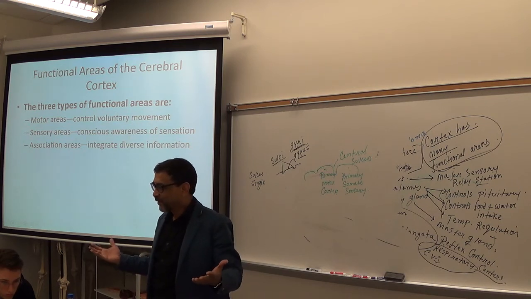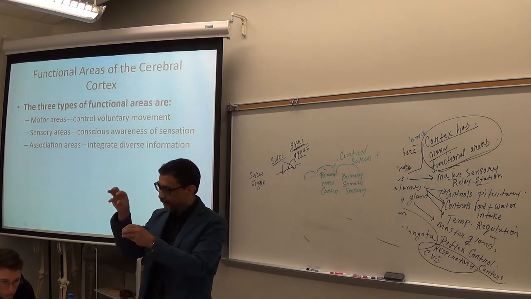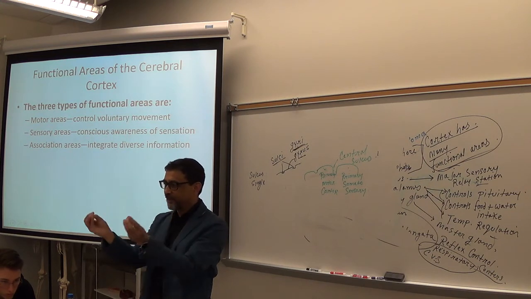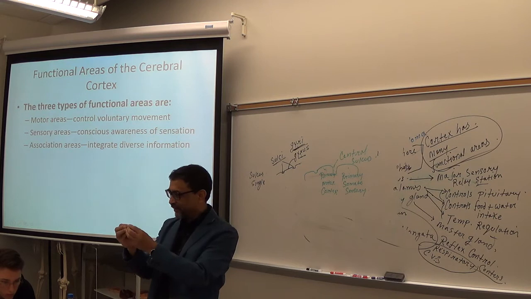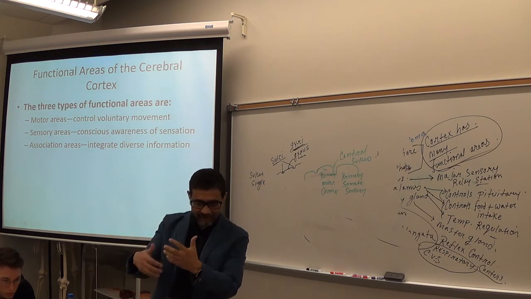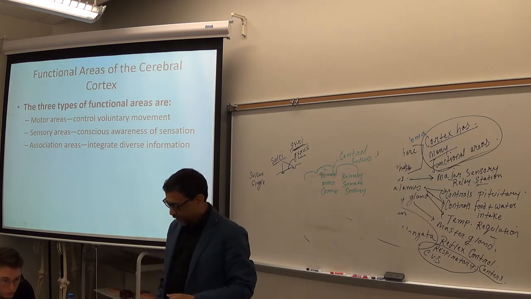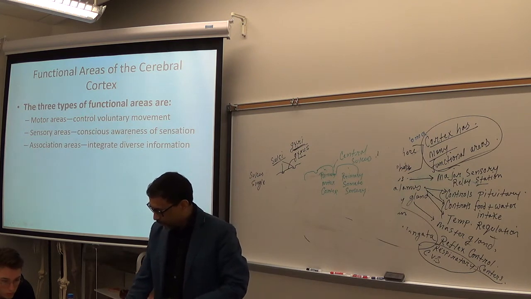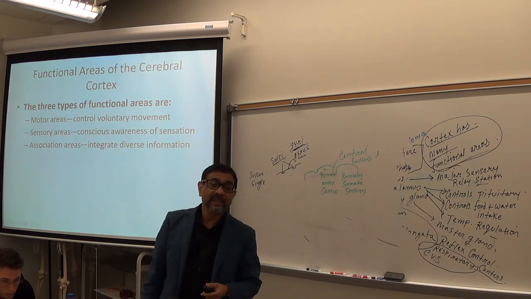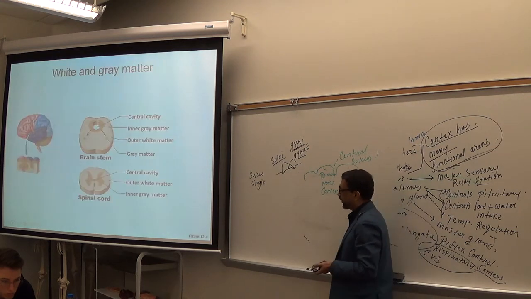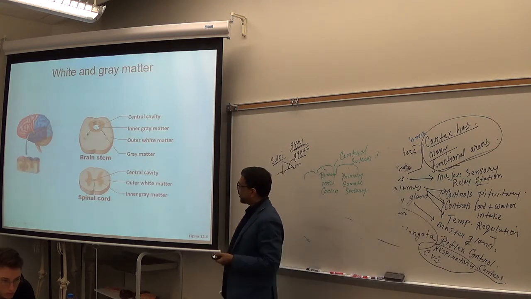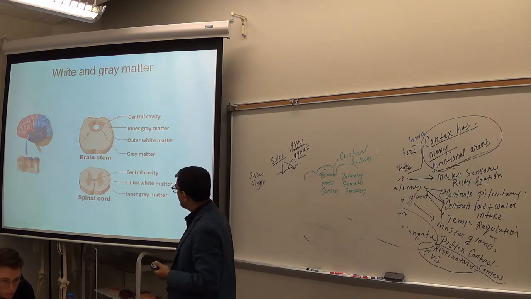What's going on? So there must be an area where the two signals are combined, to make sense that yes, both are coming from the same structure. So those association areas are very important and they integrate, combine multimodal functions.